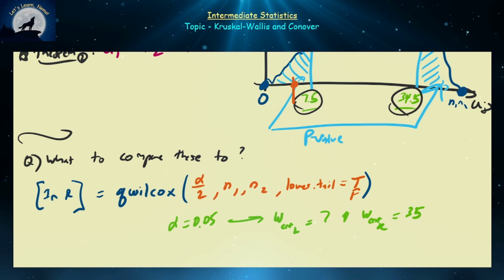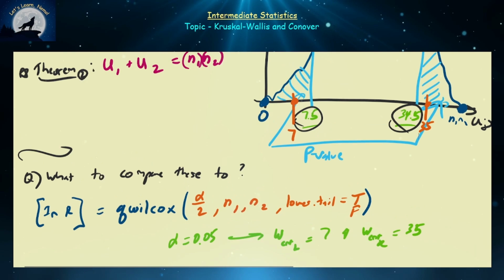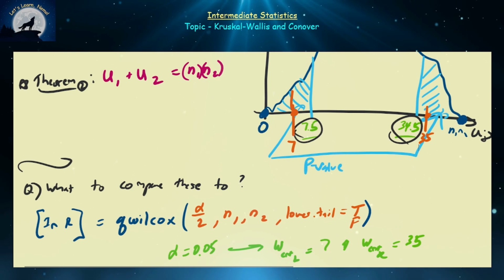So 7 is going to be located here, and 35 is going to be located above there, just the 35. So if we sort of shade this in, right, so what would this area be? So this area is shaded in red. That's our alpha over 2, and that's our alpha over 2 here.